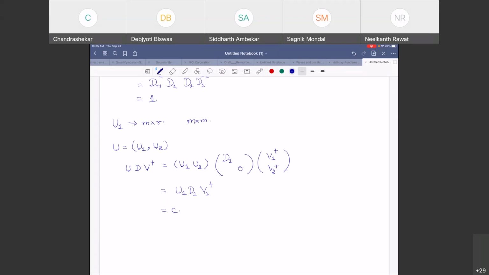Now C is an arbitrary matrix, and U is an arbitrary matrix of size M cross M, and D is M cross N, and V dagger is N cross N. So we have actually taken matrices of different dimensions and constructed a kind of decomposition. Now, the general matrix C, which is not diagonal, has been decomposed into a diagonal matrix where the diagonal entries are the singular values.